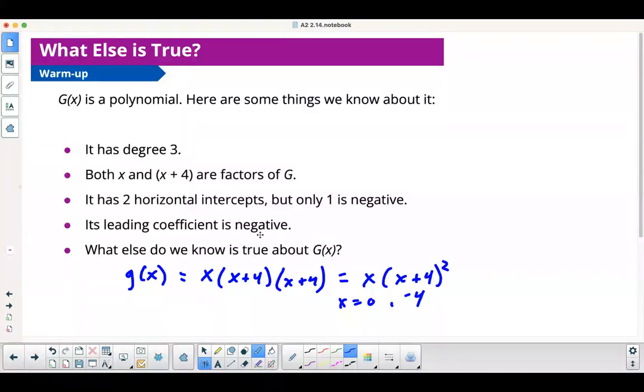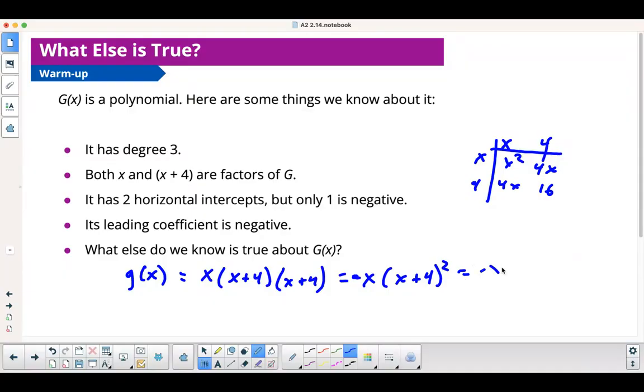It says its leading coefficient is negative, so you need to put a negative somewhere, maybe in the front. You can make this negative 1, negative 2, negative 3. Any negative number will work, because when I multiply that out, I have to distribute. x plus 4 squared, if I made a little box, would give me x squared, 4x, 4x, and 16.